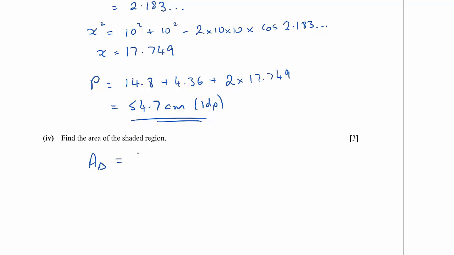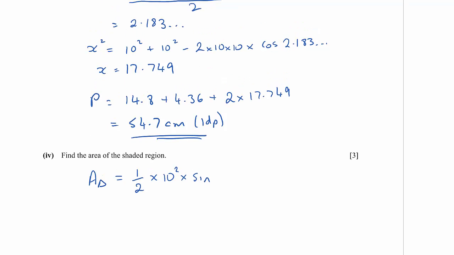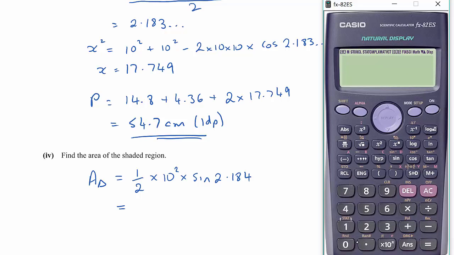So half ab sine C, so that's a half times 10 times 10, and then the sine of the angle, and the angle was this 2.183, which I believe was 2.184 when we rounded it. And so we can work that out. 0.5 times 100 times the sine of 2.184, which is 40.890.